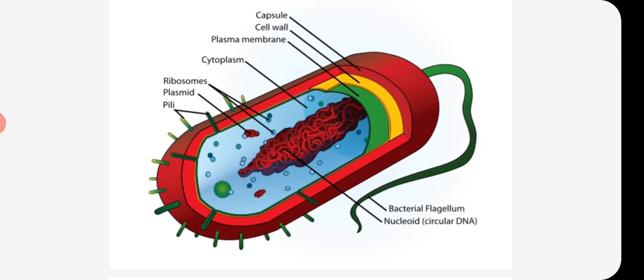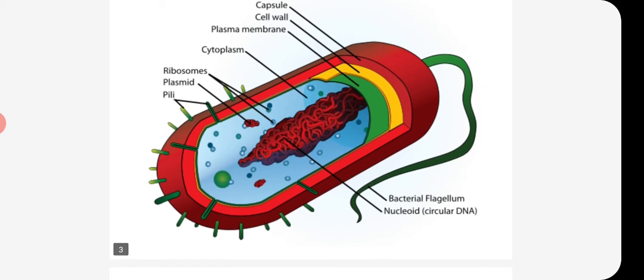Now coming to the nucleoid. The nucleoid is a DNA containing material. Actually, it is a single circular DNA. In a prokaryotic cell, unlike eukaryotic cells, it cannot organize into a well organized nucleus, and simply floats in the cytoplasm.